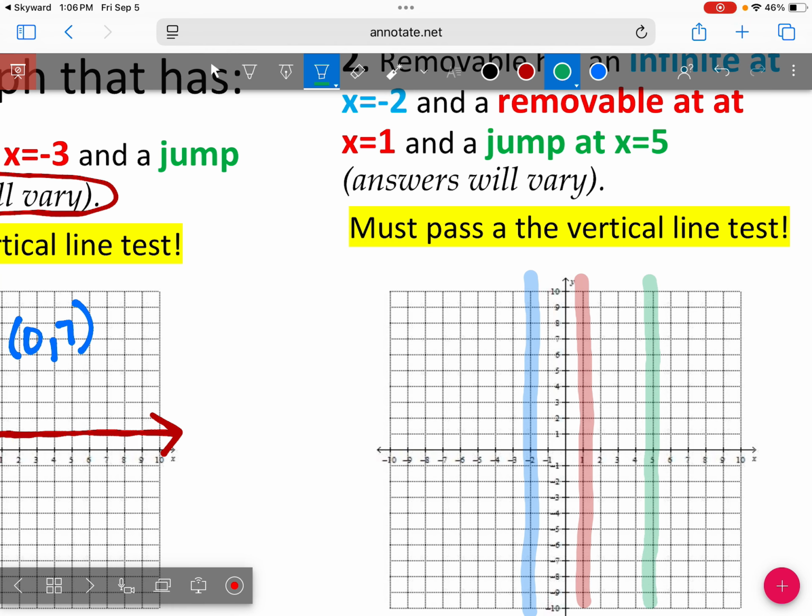So what I want you to do is go one at a time. What needs to happen in order for an infinite discontinuity to occur? What does that mean when I say there's an infinite discontinuity? The graph is doing what? Either it's going up to positive infinity or it's going down to negative infinity.